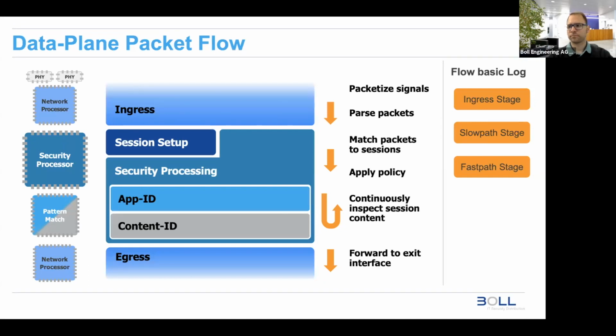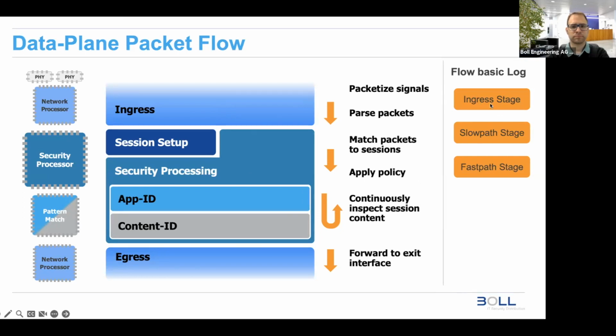So this is one of the decisions made on the ingress stage: is this a new session? How the decision is made, we will explain in detail in the training, but we only have 10 minutes. So here the decision is made, is it a packet belonging to a new session, or is it a packet belonging to an already existing session?